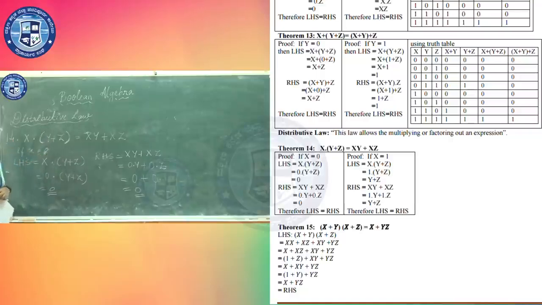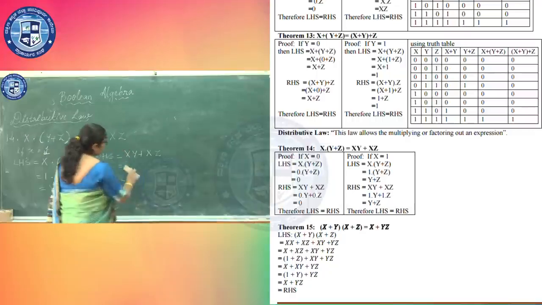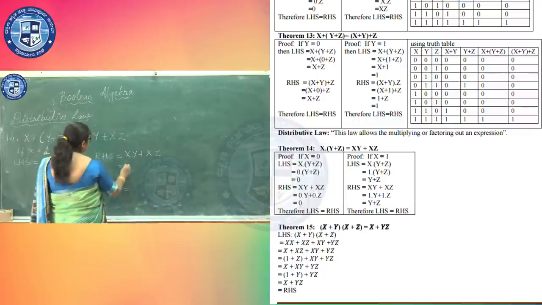So now let us see what happens if I take the value of x to be 1. I shall take the value of x to be 1 into y plus z. Since we considered 1 as one variable and y plus z as another variable, 1 into y plus z, anything which is multiplied by 1 is itself, so it is y plus z. In the same way we shall consider the RHS.